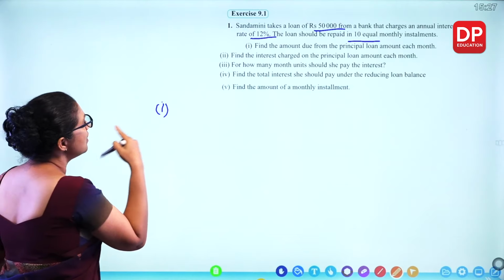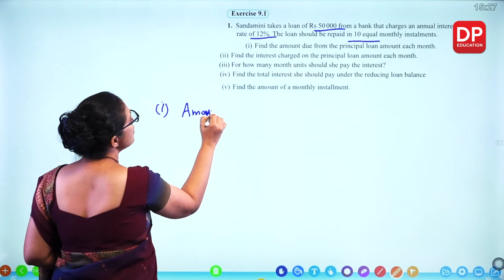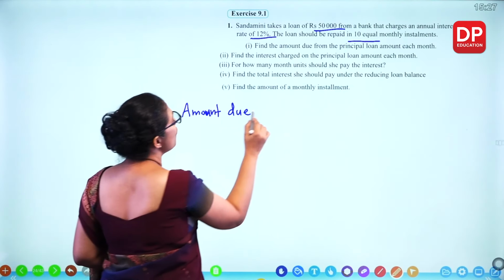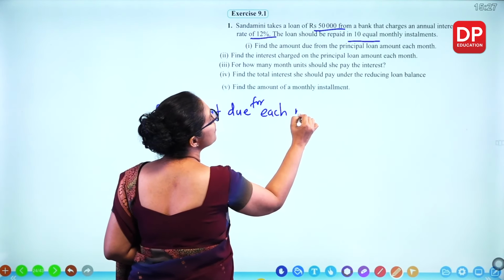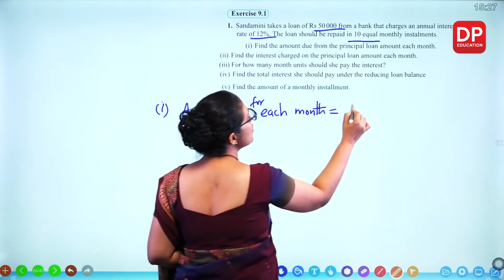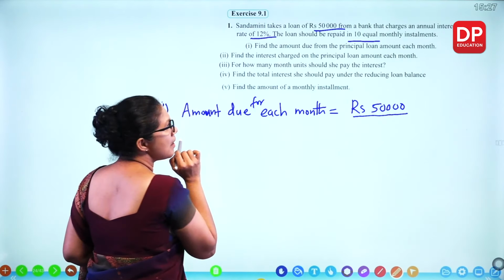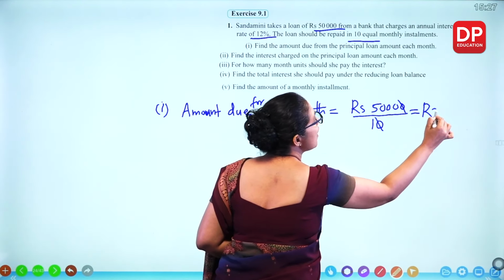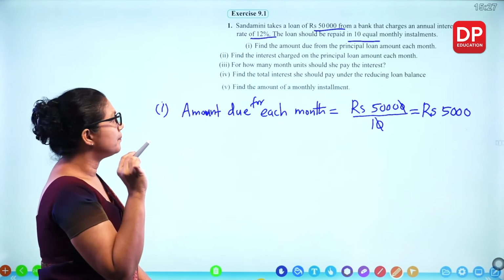So here, what's the amount due for each month? So altogether 50,000 rupees. And how many equal months? 10. So each month 5,000 rupees Sandamini has to pay.